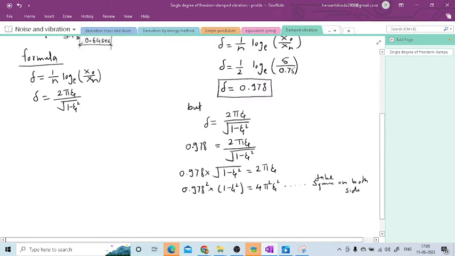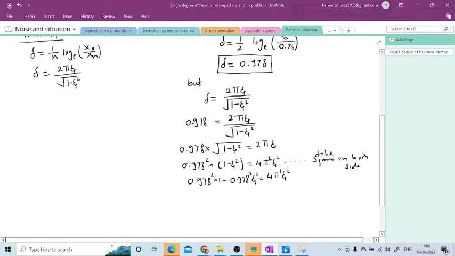Now multiply by this value inside. So this will be 0.978 square into 1 minus 0.978 square into zeta square is equal to 4 pi square zeta square. Now transfer this zeta square to that side.